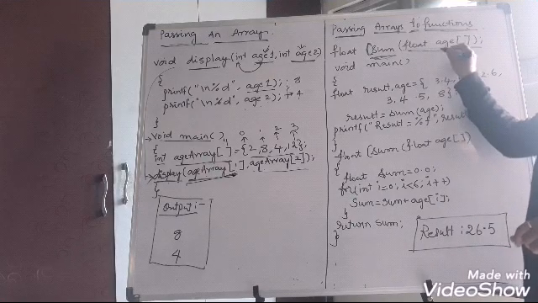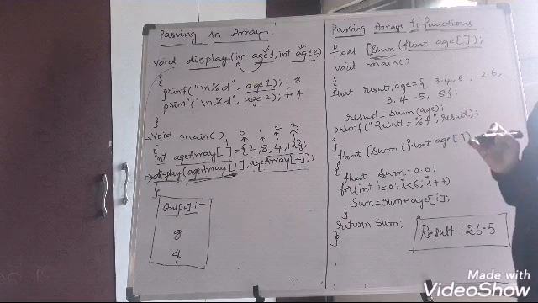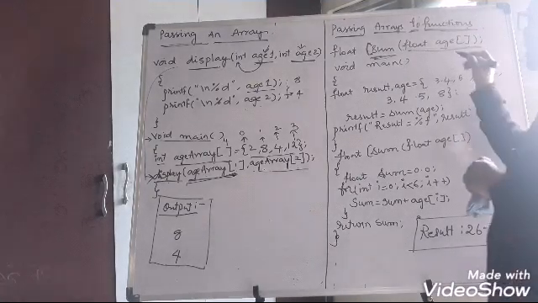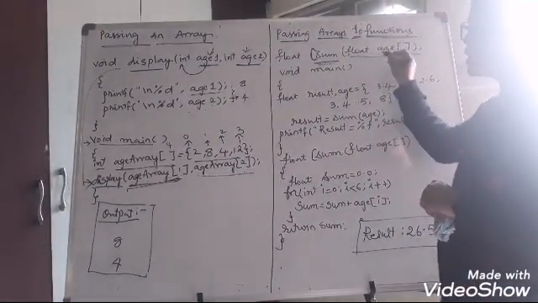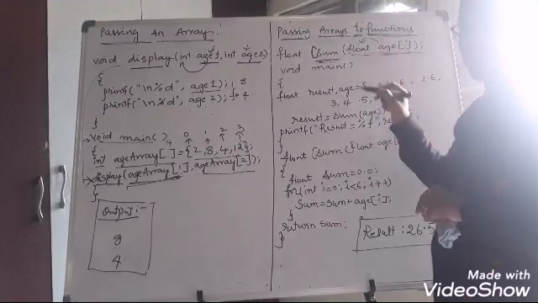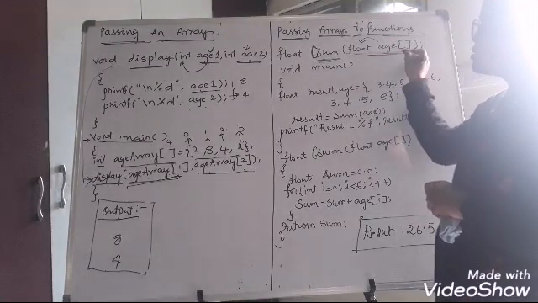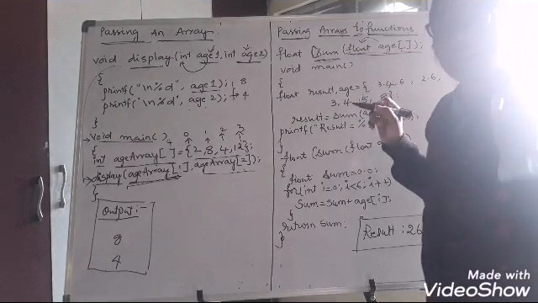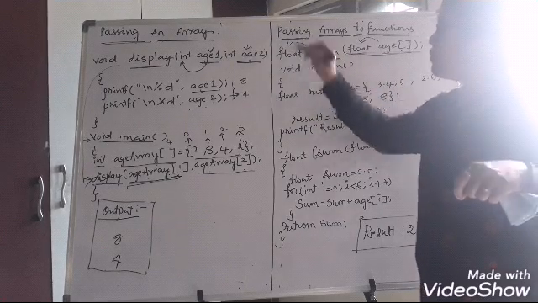In the function declaration, I am taking the parameter as an array, age array, and this array is of type float. So I am passing the parameter as float and this function is of type float.